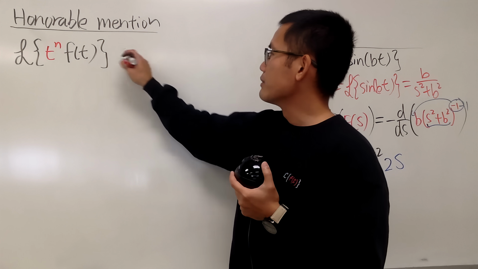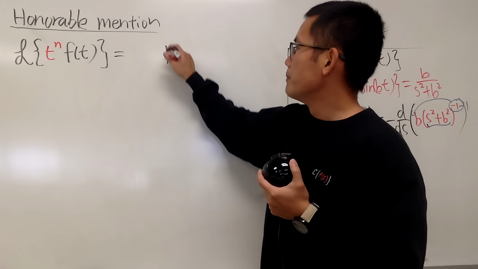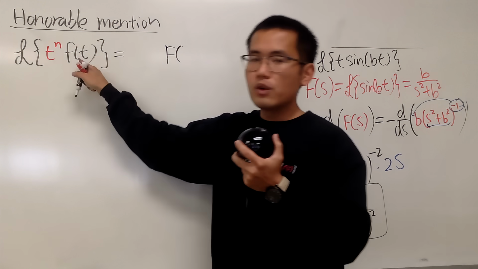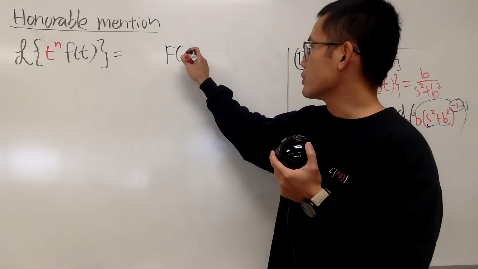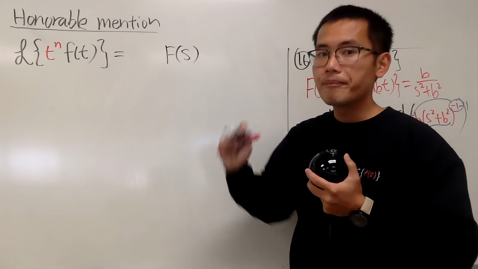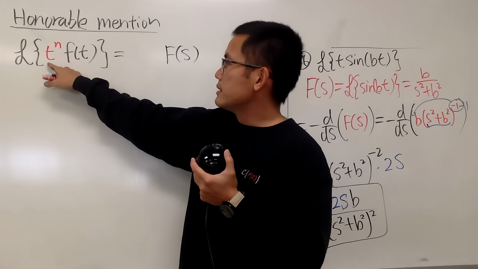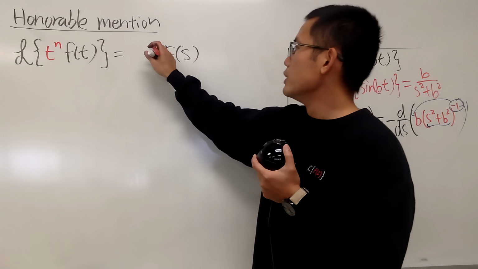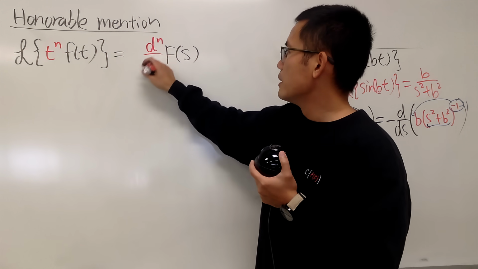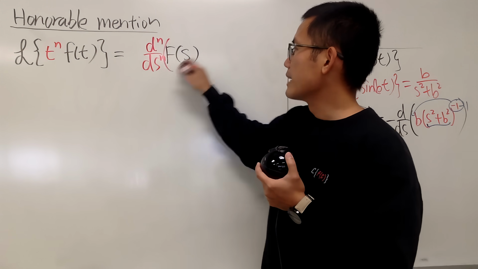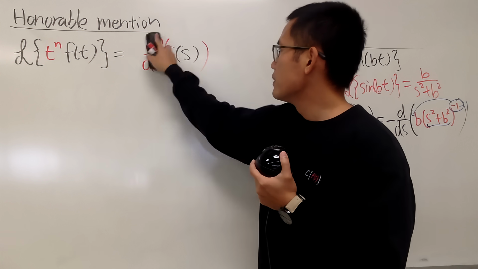Anyway, all you have to do is the following. First, look at what the Laplace transform of f of t is. As a result, we'll just write it as f of s. This is t to the nth power. All you have to do is do the nth derivative in the s world, like so.